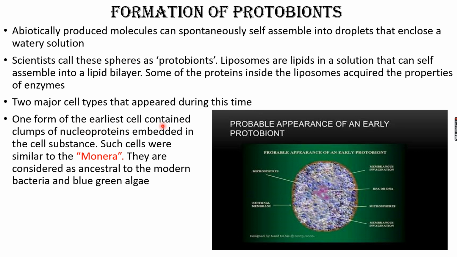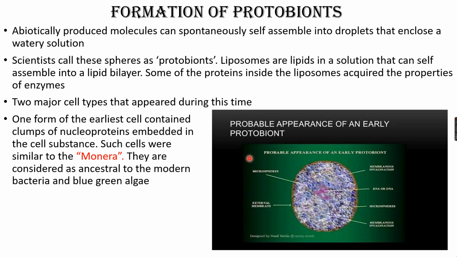The one form of the earliest cell formed like this contained a clump of nucleoproteins. Because the nucleoproteins only, these are the microspheres, and nucleoproteins only develop into nucleic acids like RNA or DNA inside, right? Nucleoproteins embedded in the cell substance. It is embedded in the middle.